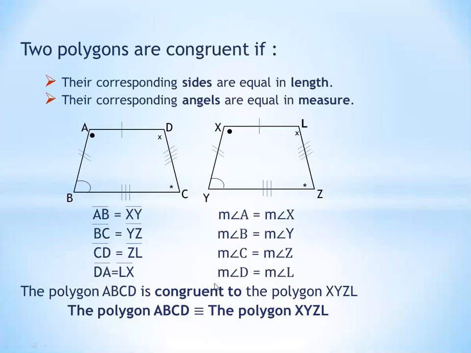This is what is meant by the word congruent. And this is the symbol of congruent, which looks like the equal sign but with 3 dashes.